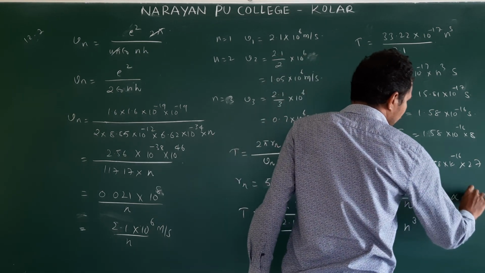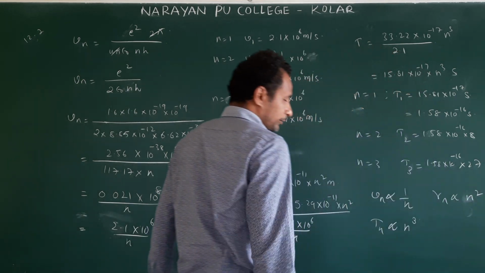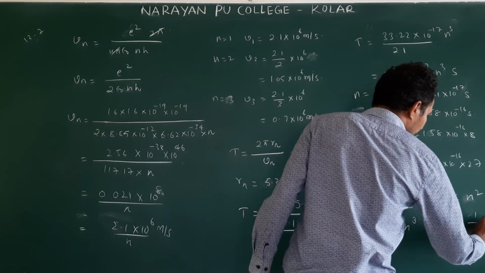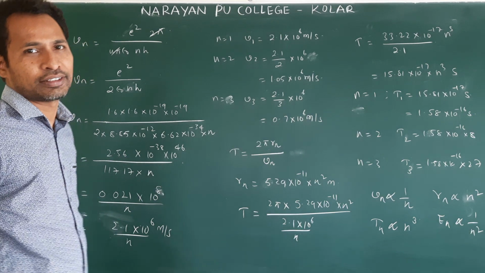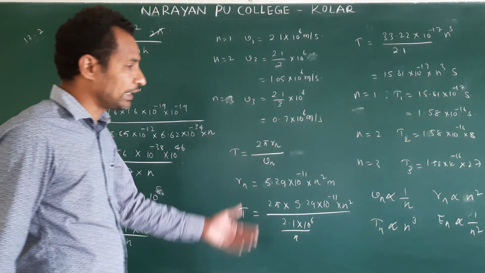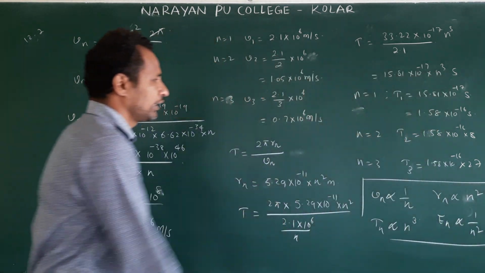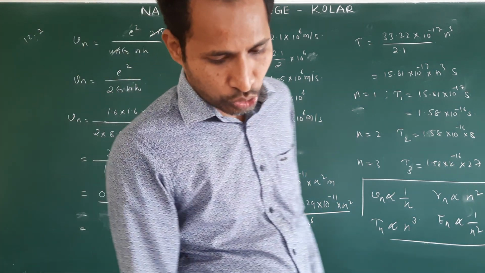Rn is directly proportional to n square. Energy En is inversely proportional to n square. For hydrogen atom I am writing. For other hydrogen like atoms we need to take Z also. This is only for hydrogen atom. Remember this relation. Using this we will solve some competitive questions.